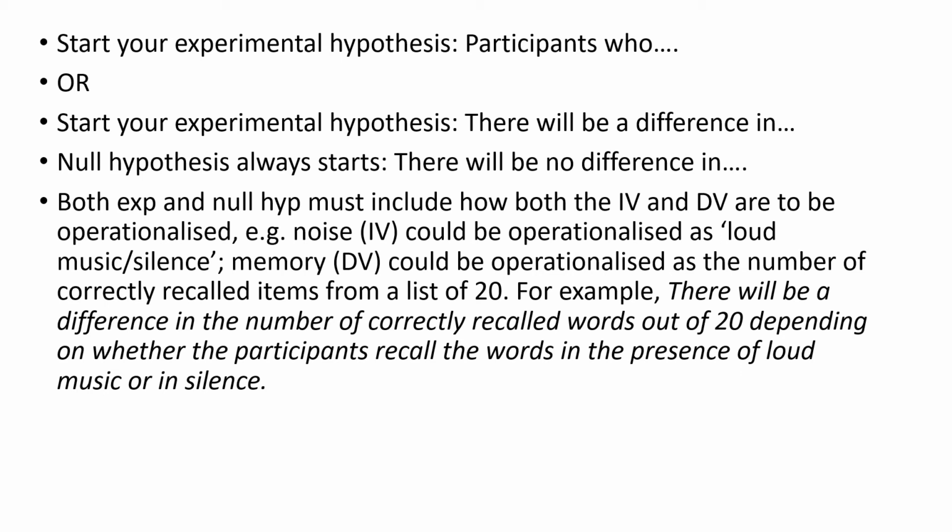There will be no difference in... I would say, always, if you start with either of these three sentences, your hypotheses will work. Participants who, or there will be a difference for your experimental hypothesis. Null hypothesis, I always say to my students, start it, there will be no difference. Don't start it any other way.